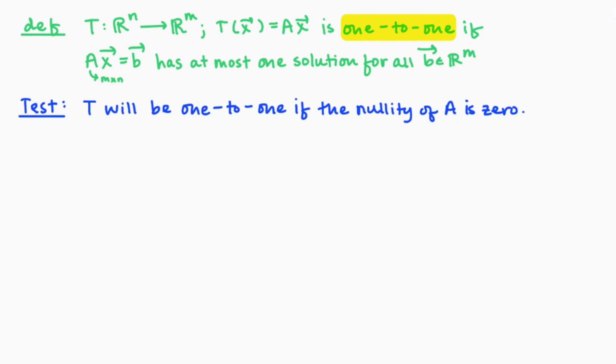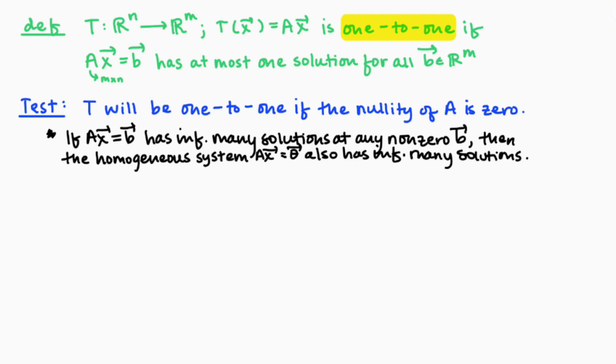So if we think about how infinitely many solutions happens, if we have Ax equals b having infinitely many solutions at any non-zero b, then the homogeneous system Ax equals 0 is also going to have infinitely many solutions. That's necessarily the case. And you can see how that is. If you're getting infinitely many solutions with your row reduction with non-zero numbers to the right of the vertical bar, you're going to get infinitely many solutions with all zeros to the right of the vertical bar.